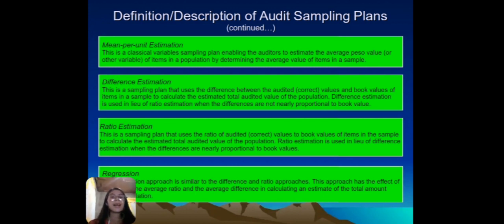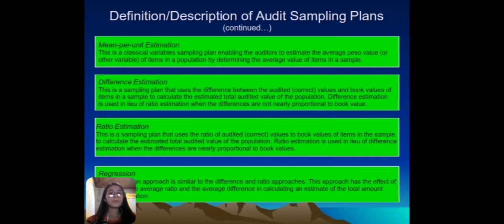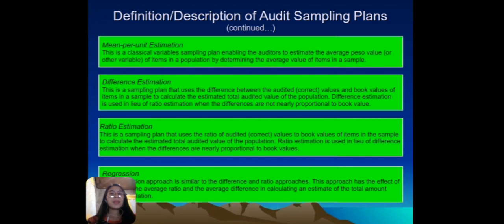Next is the ratio estimation. This is a sampling plan that uses the ratio of audited or correct values to book values of items in the sample to calculate the estimated total audited value of the population. The ratio estimation is used in lieu of difference estimation when the differences are nearly proportional to book values.